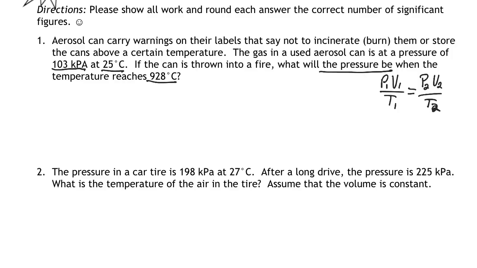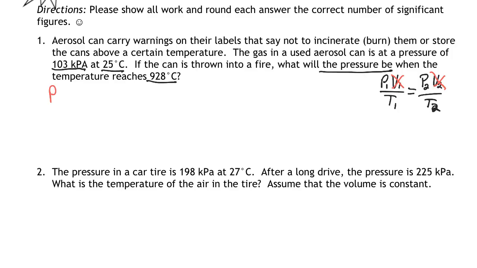I've got pressure underlined, temperature underlined. Volume is not mentioned or is not changing in my problem. So I can actually cross out this value in my equation, which means that my relationship I'm going to be looking at is pressure over temperature. So let's go ahead and figure out what values I'm going to be using for my problem.